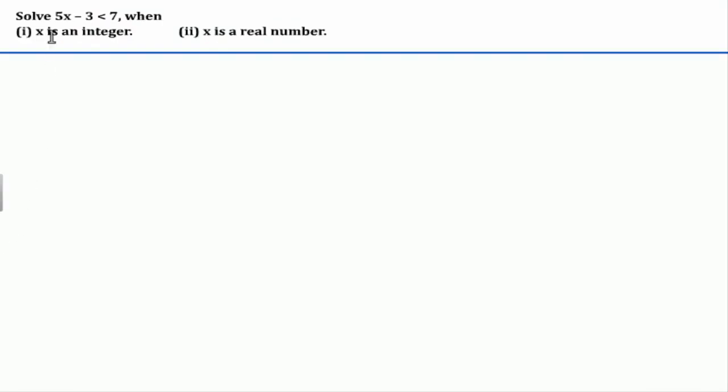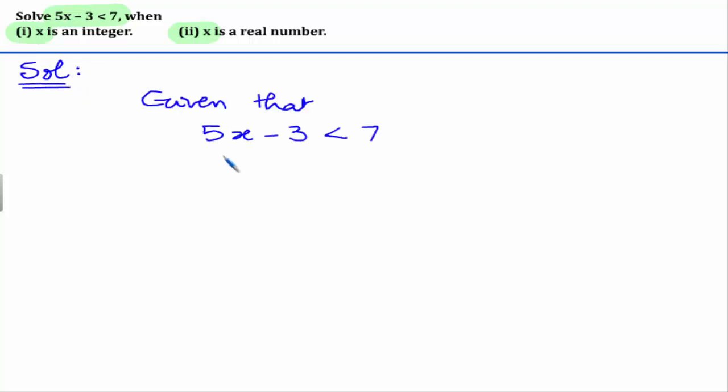In this problem, we have to solve the given inequality when x is an integer and when x is a real number. Let us see the solution for this now. The given inequality is 5x - 3 < 7. Let us add 3 on both sides.